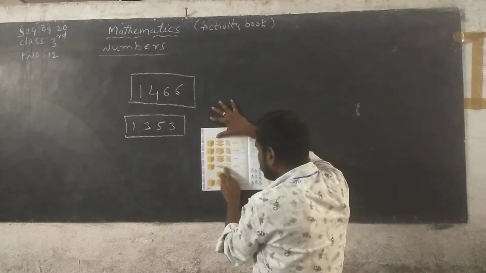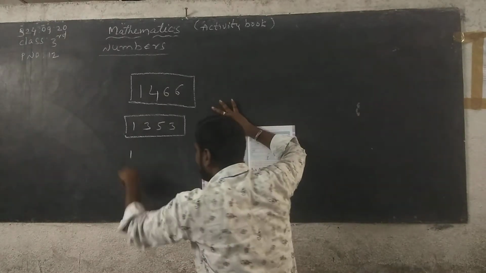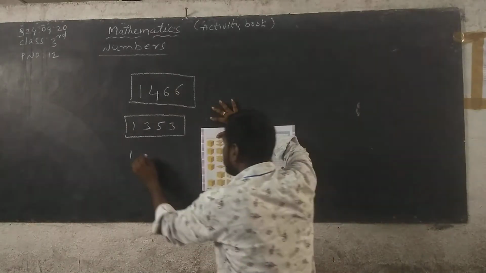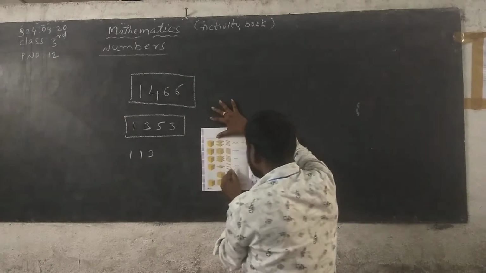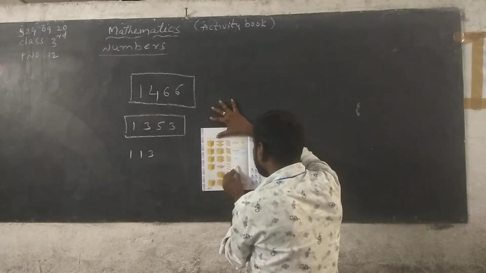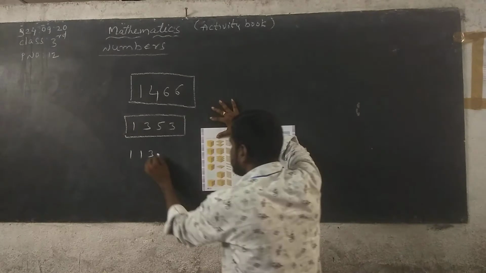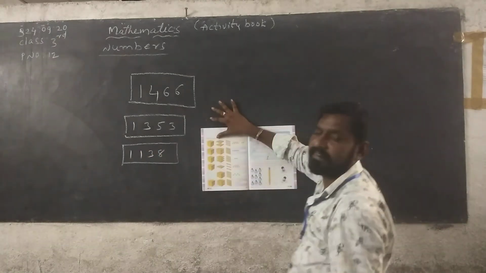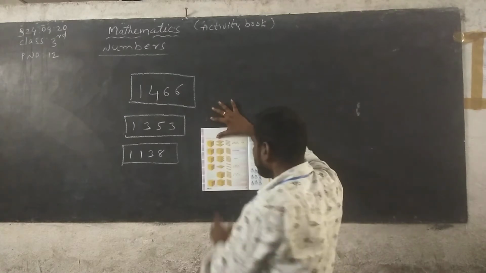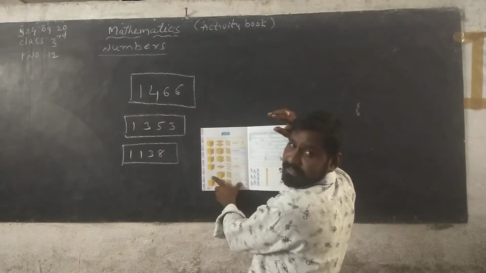Ones place, tens place, hundreds place, thousands place 1. Next hundreds place 1. Next tens place 3. Next here 1, 2, 3, 4, 5, 6, 7, 8. So the fourth figure number is 1138.